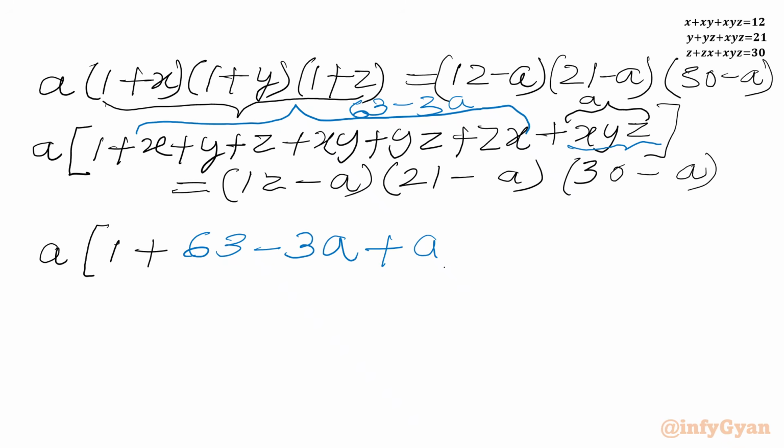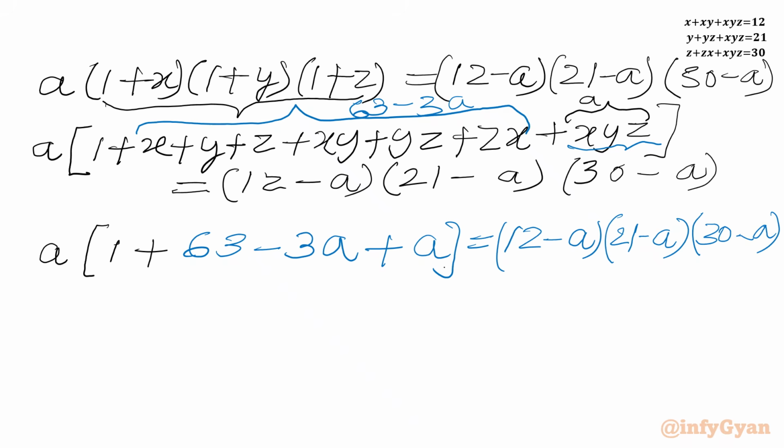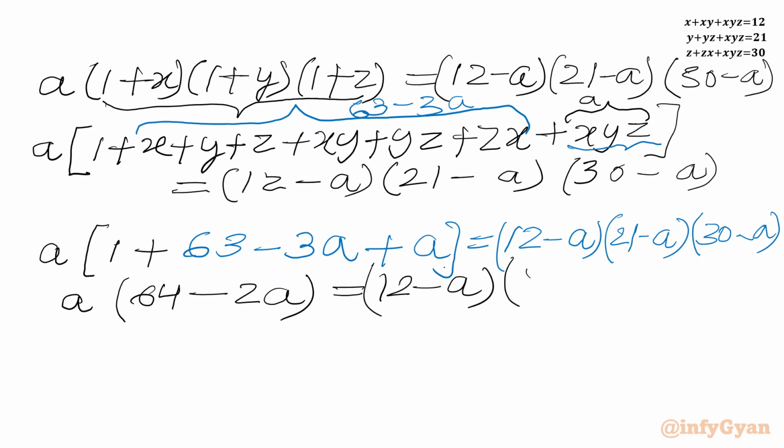So we'll write here plus a, and in right hand side there will be 12 minus a times 21 minus a times 30 minus a. 1 plus 63 is 64, minus 3a plus a is minus 2a. So we can write 64 minus 2a in the bracket equal to 12 minus a times 21 minus a times 30 minus a.